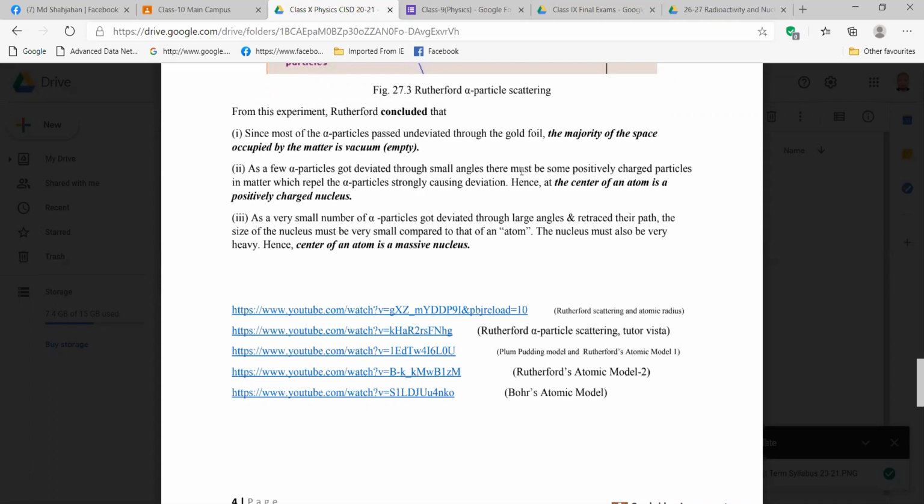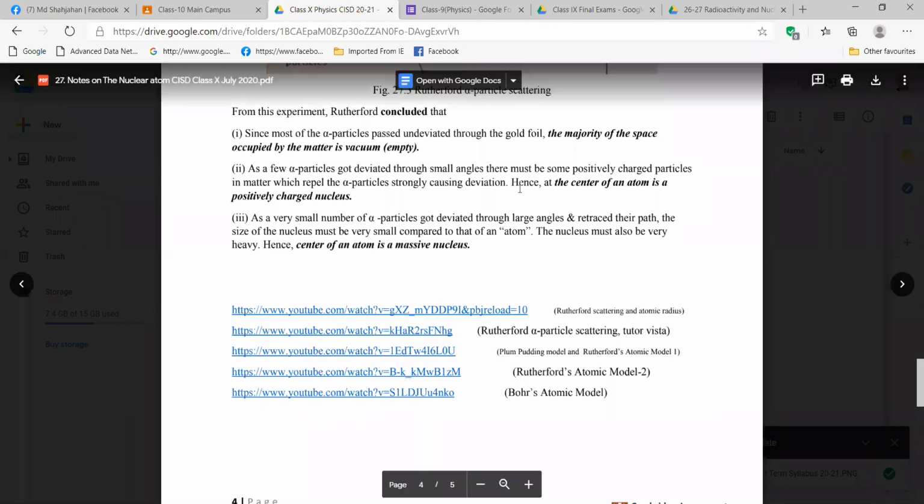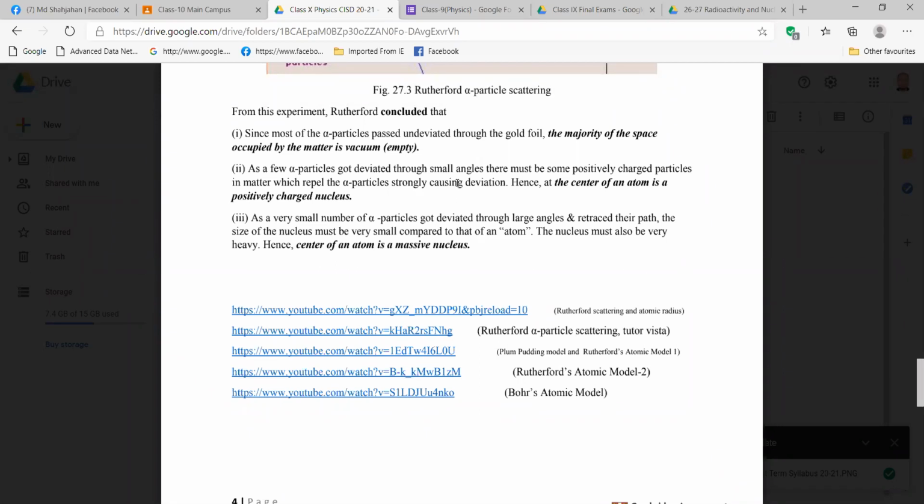And from this observation, we can set up some argument that there must be some positively charged particles. Why are they saying so? Because alpha particles, do you know what an alpha particle is? Does anyone have an idea what an alpha particle is?